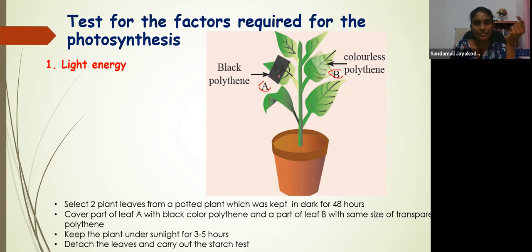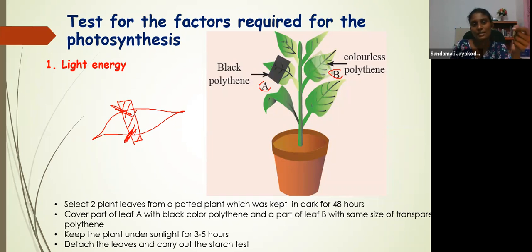Not the whole leaf, but just a part of that leaf is covered like this with black color polythene. We cover it and put some clips like this. That is the way they are normally doing this.